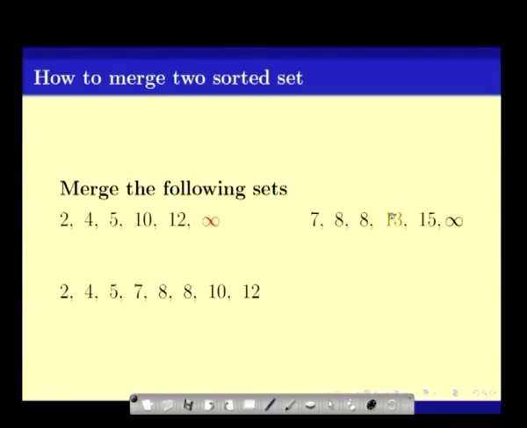Now, we compare 13 with infinity, 13 is smaller, so we output 13, and then we move our marker to 15, and we compare 15 with infinity, and we output 15, and then the right marker also reaches infinity. When both the markers reach infinity, the game is over and we have output the merged list.